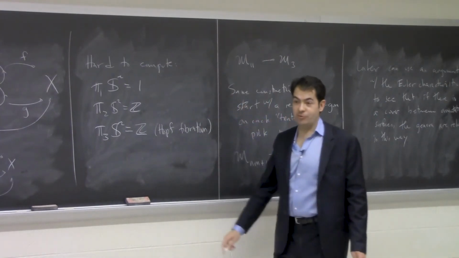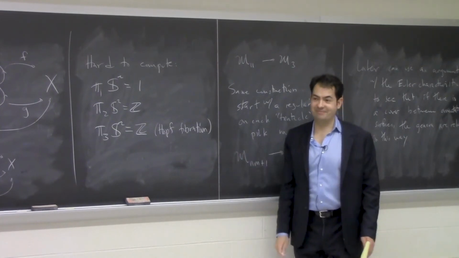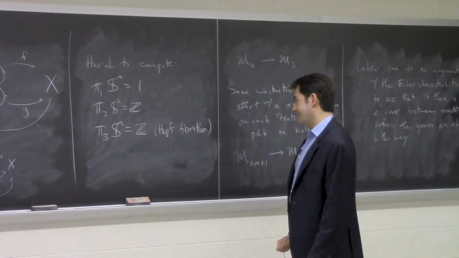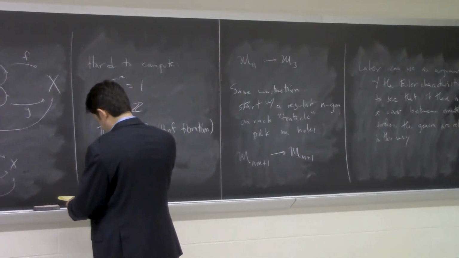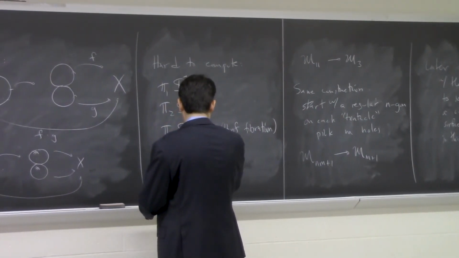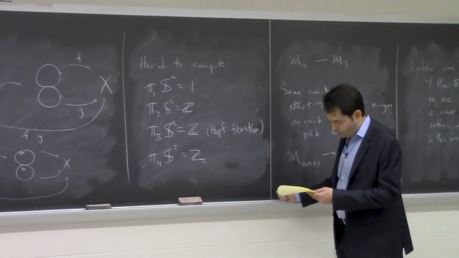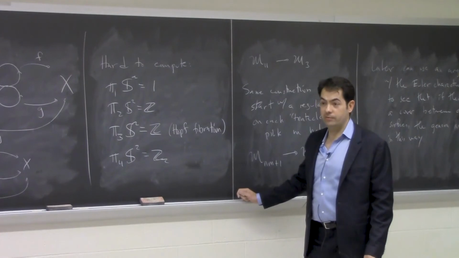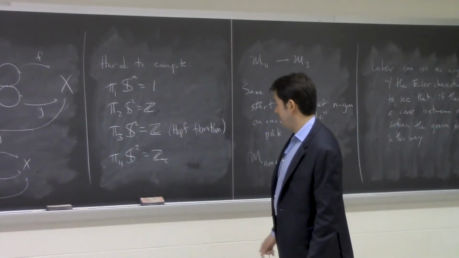If you have not heard of that, you should definitely go check out YouTube videos of the Hopf fibration. And then, for example, pi4 is C2, pi5 is Z2, pi6 is C mod 12. So they're hard to compute and they're hard to understand.